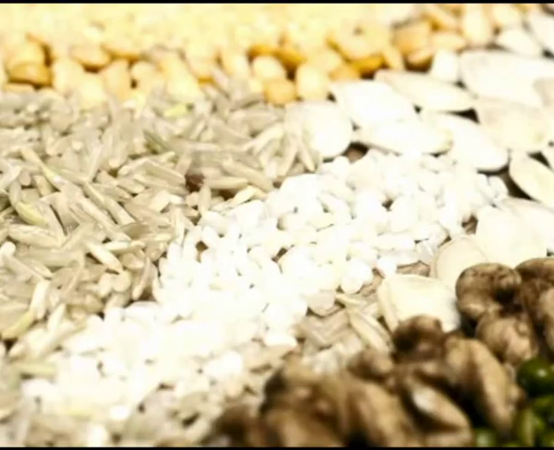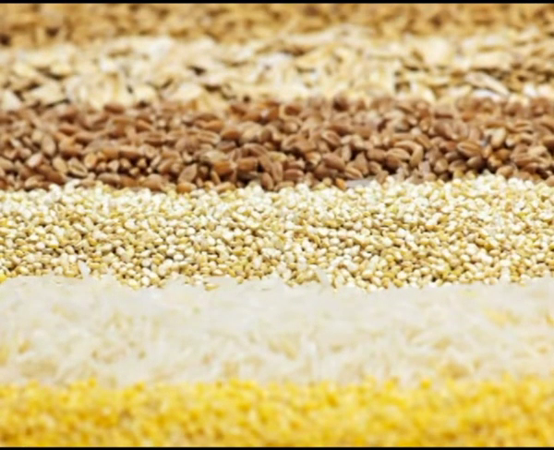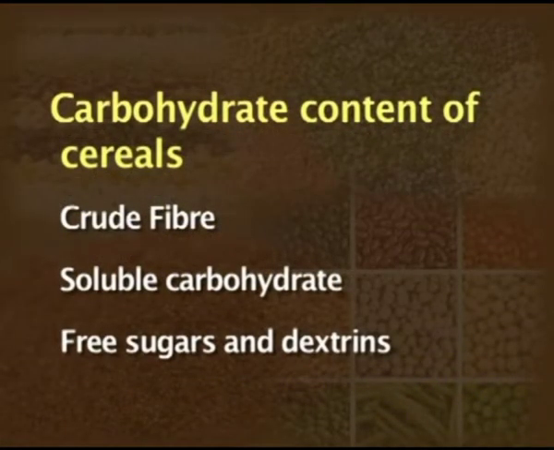Cereals are mainly made up of 80% carbohydrate, and this carbohydrate is divided into two components: crude fiber and soluble carbohydrate. The soluble carbohydrate component is mostly made up of starch.